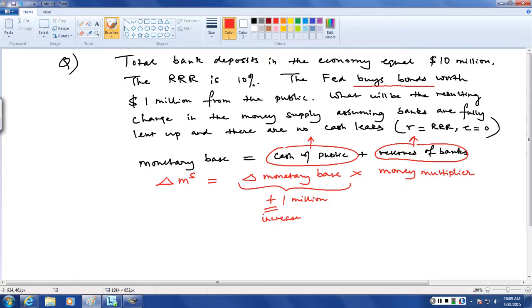Okay, what about the money multiplier? What's our formula for the money multiplier, somebody? Feel free to refer to your notes, your textbook, you know. So what's the money multiplier? The full formula for it. We have an abbreviated formula and then we have a full formula. Do you remember the full formula?